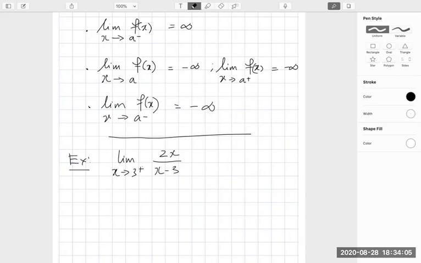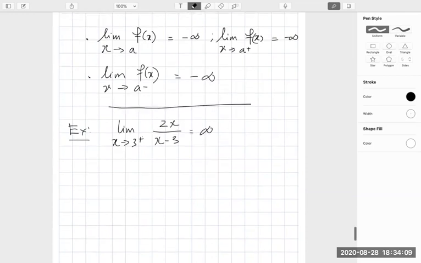It means from the right side. And the limit of 2x over x minus 3 as x comes close to 3 from the left hand side here. Okay.